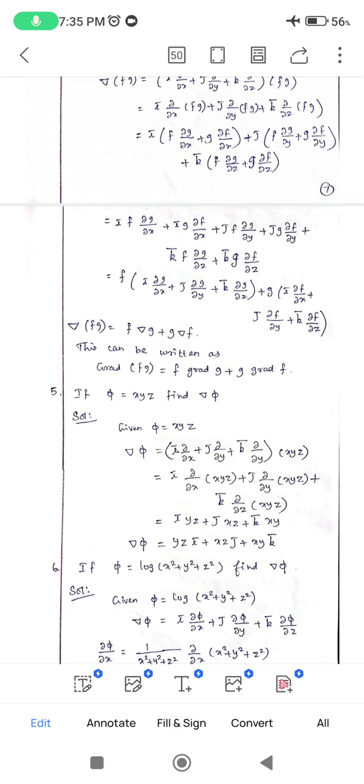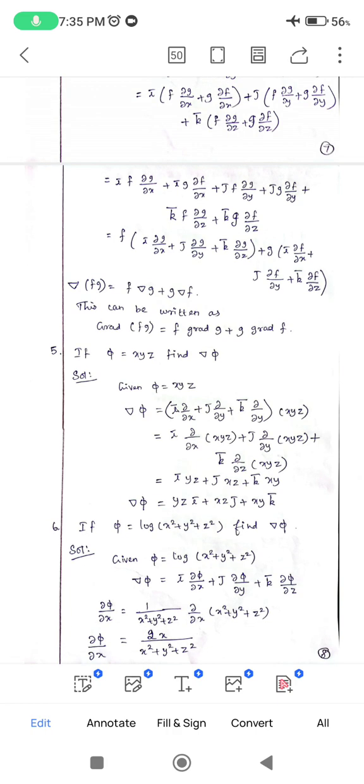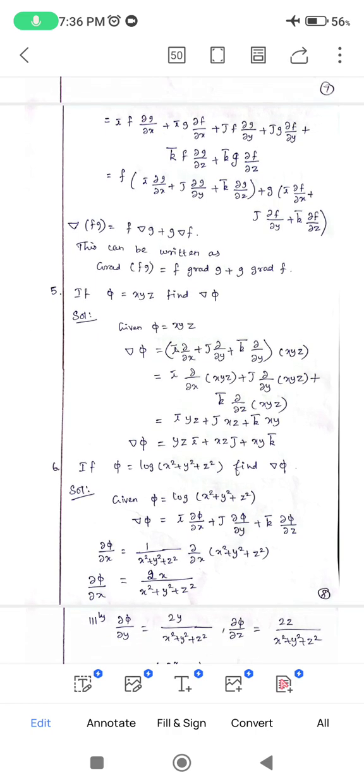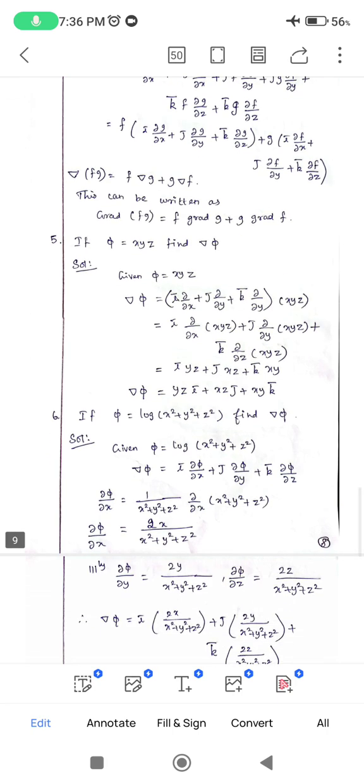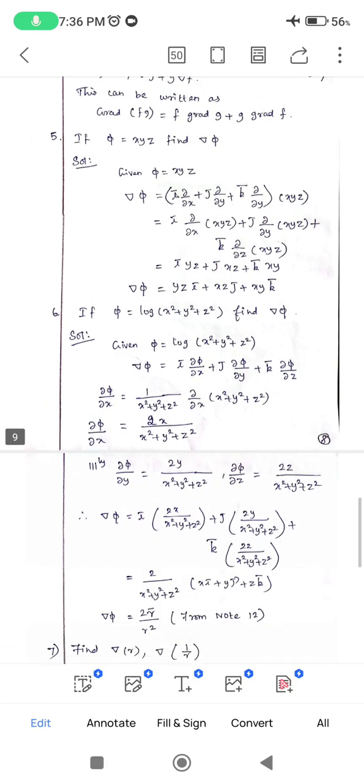So taking f outside, we get f into i vector into dou g by dou x plus j vector into dou g by dou y plus k vector into dou g by dou z, plus, taking g outside, we get g into i vector into dou f by dou x plus j vector into dou f by dou y plus k vector into dou f by dou z. So del of fg is equal to f into del g plus g into del f. This can be written as gradient of fg is equal to f into grad g plus g into grad f.